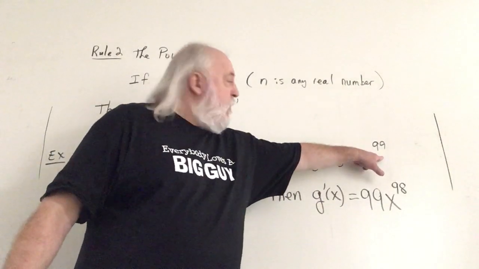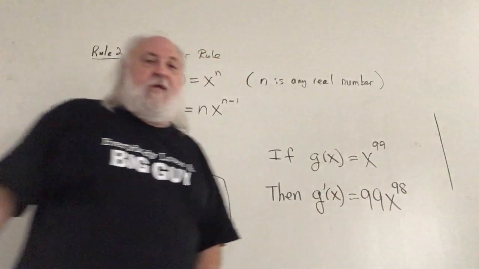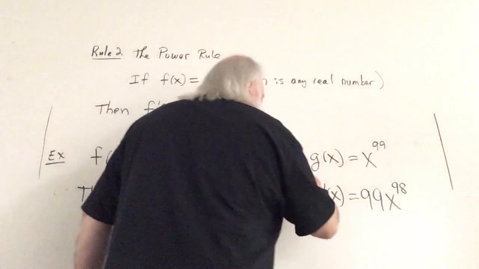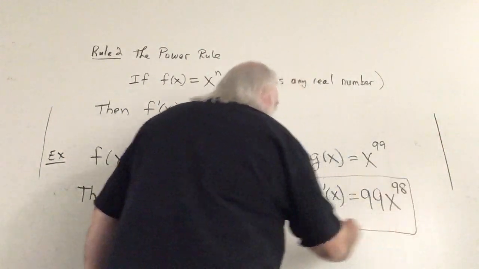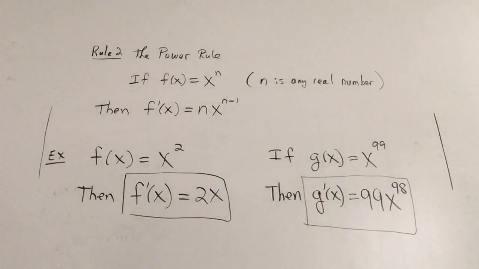We bring the exponent 99 down in front of the x, and then we subtract 1 from the exponent. And so g prime of x is equal to 99 times x to the 98th power. So that's the power rule.